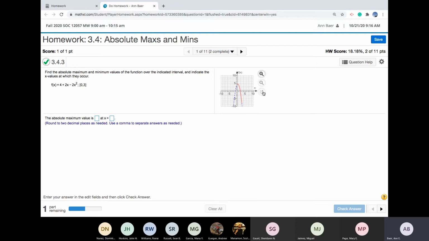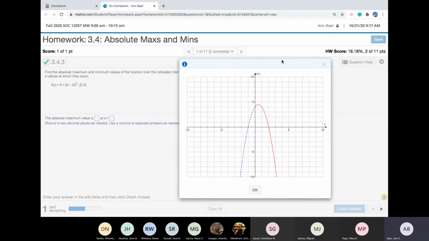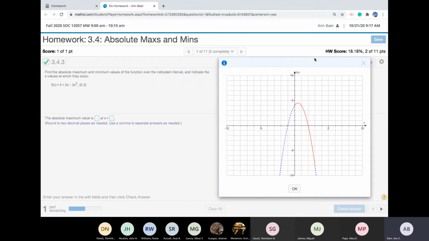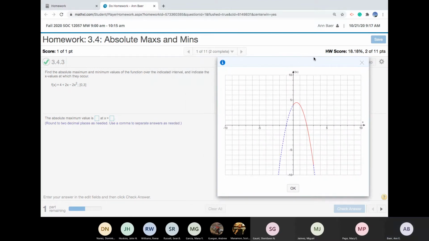When I first went into this problem, what I noticed is, and let me just bring this over here so we can see, what they're really wanting us to find is the absolute maximum value over this interval 0 to 3. Well, 0 to 3 is right here.